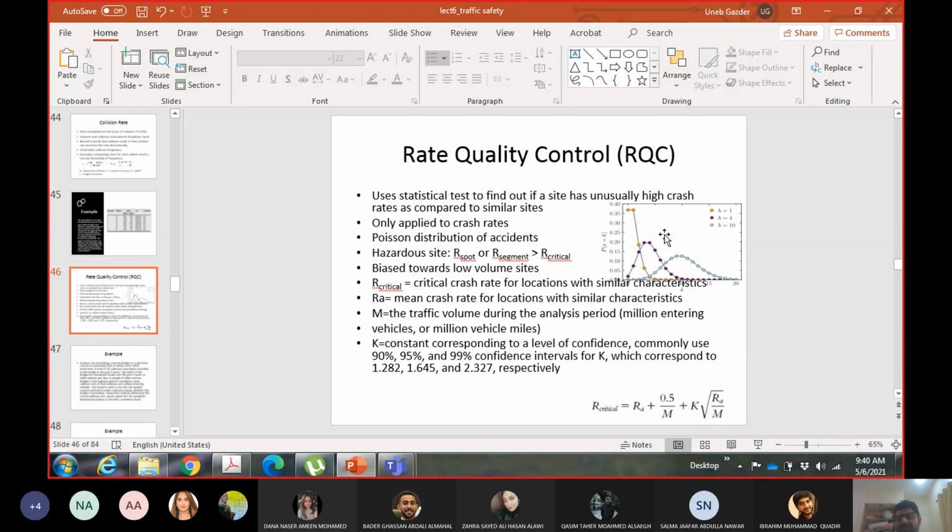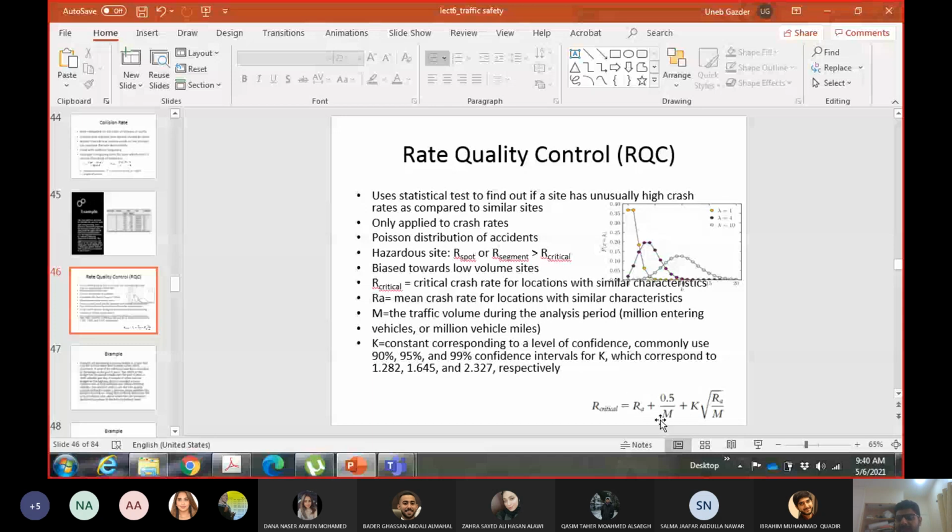So we have another type of distribution which is a Poisson distribution. It looks like this. You have the number of crashes on the x-axis and their probability on the y-axis. We are not going into those details. The main thing is that for a Poisson distribution, this is considered as close to normal or close to average.